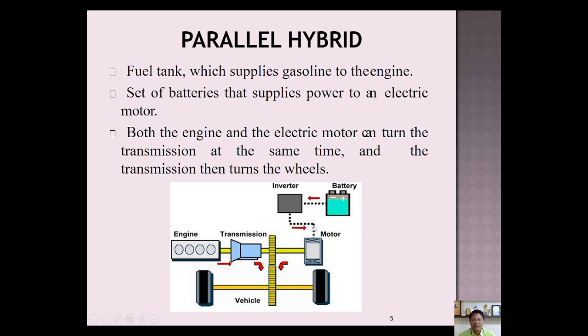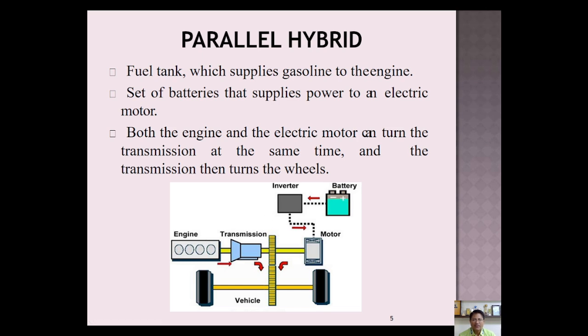The motor receives power from the battery. That battery is controlled by an inverter, which inverts the power and supplies it to the motor. Both motor and engine power the wheels of the vehicle. You can see the figure at the bottom so that it is very understandable.